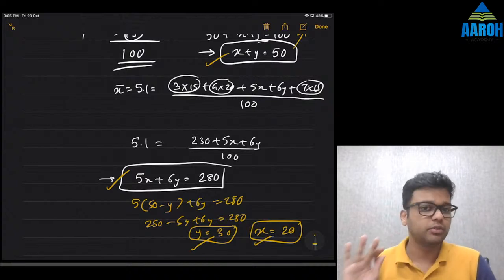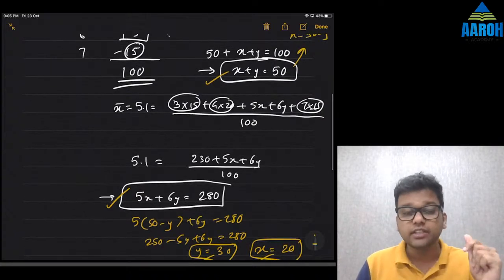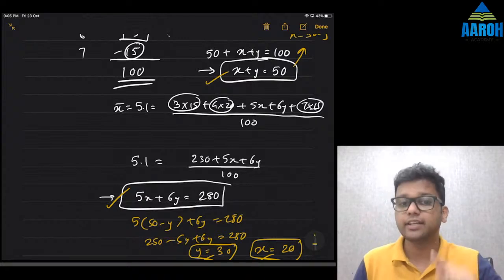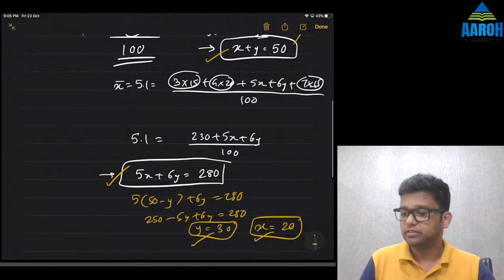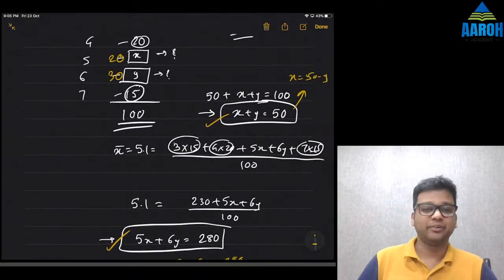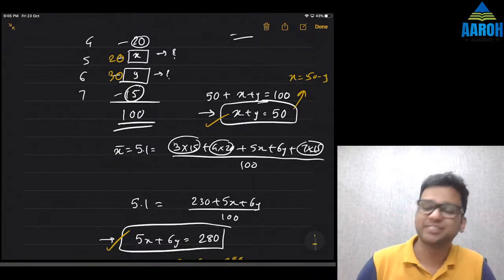Let me know if everyone has understood up to this point. I'm going fast, but try to keep up, because this is the speed that you have to maintain in the exam also. Let's see how many of you understood the question.